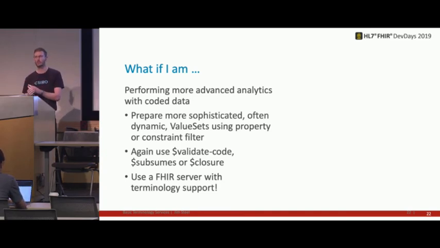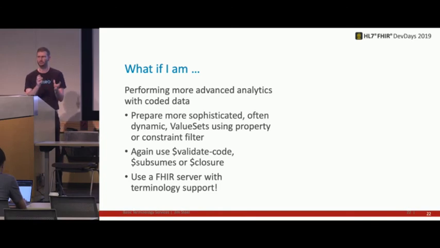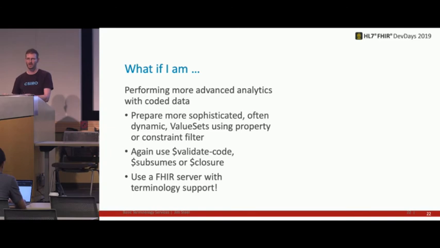And value sets are a way for you to do that. So you can design value sets that really capture the categories that you're interested in, and then you can use either validate code or subsumes or closure sometimes, but probably validate code to group the codes that you've seen into these categories so that you can visualize them in your graphs and dashboards.